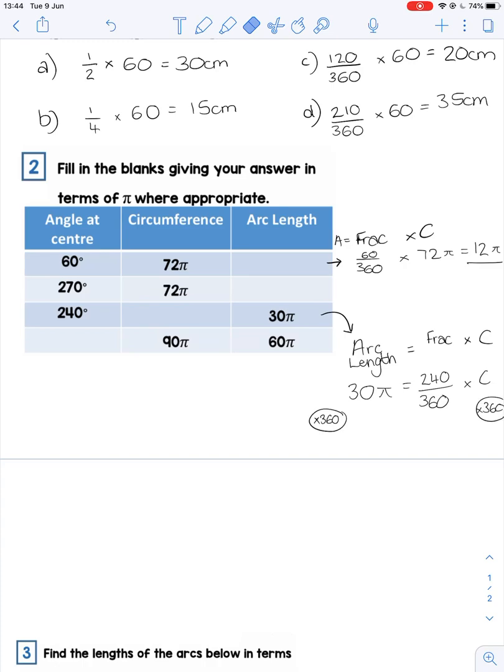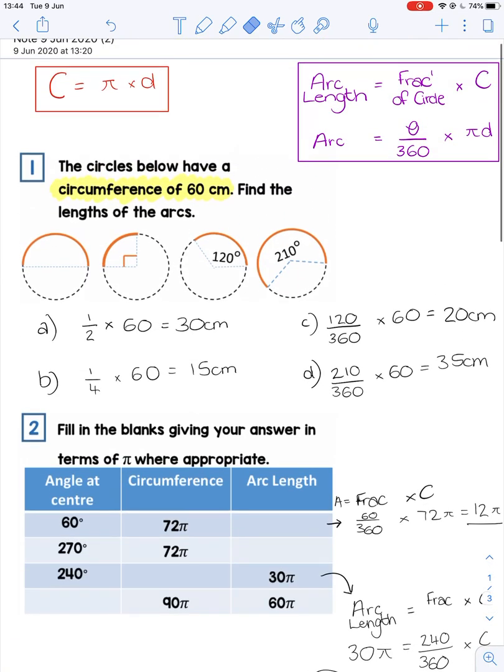That's how I can get rid of that divided by 360 at the bottom. And then I want C on its own, so we'll divide both sides by 240. And we'll get C is 45 pi. And obviously you could work that out as a decimal if you wanted. So we're always using this purple formula every time. The arc length is the fraction that we've got times the circumference.